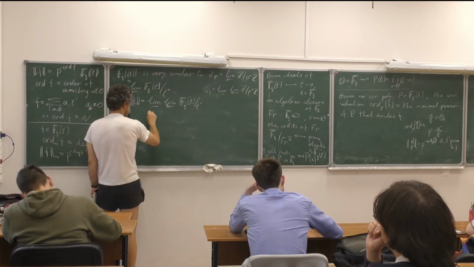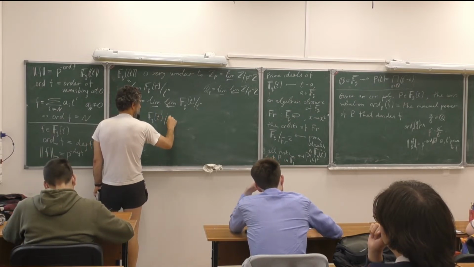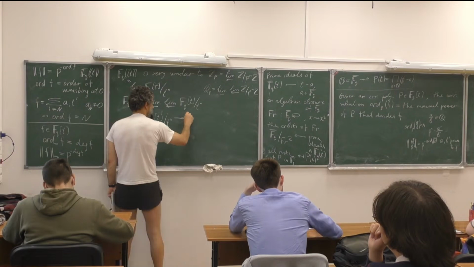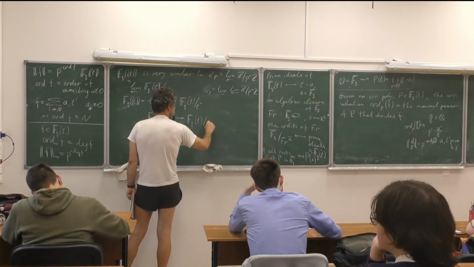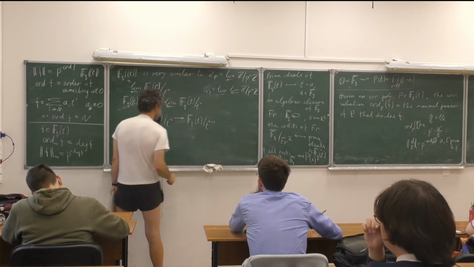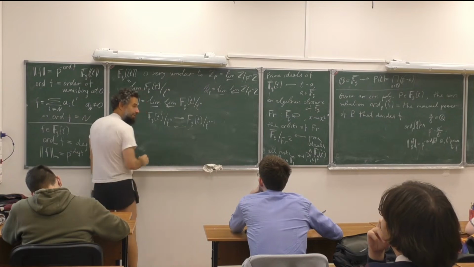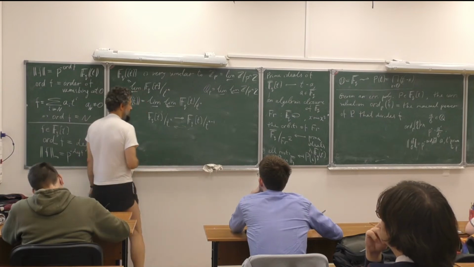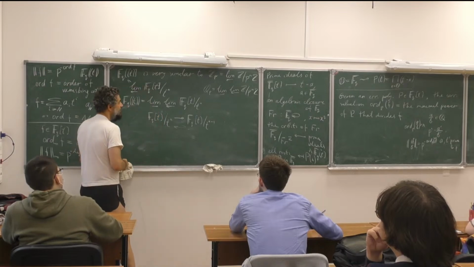You have certainly F_q[t] modulo t^n projects to F_q[t] modulo t^(n-1). But also there is an embedding in the opposite direction. And this is used for this colimit.